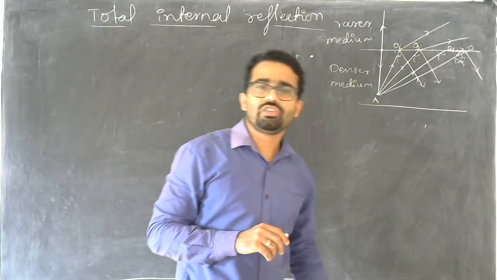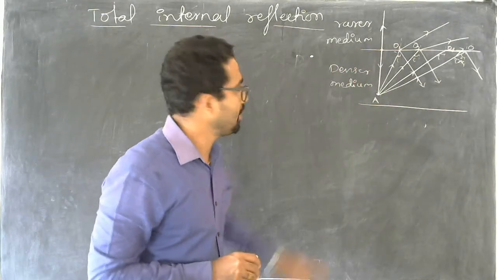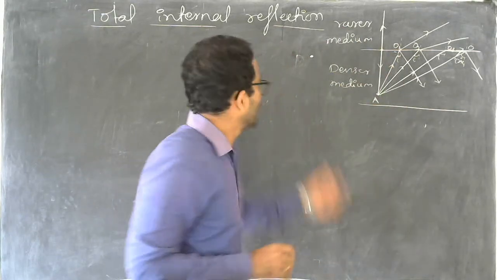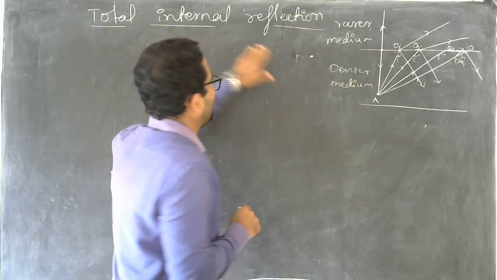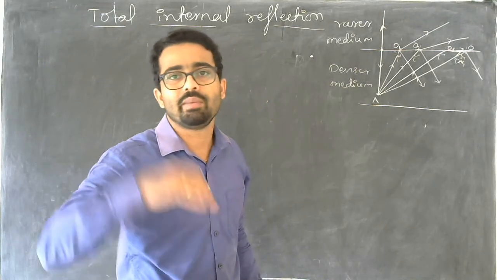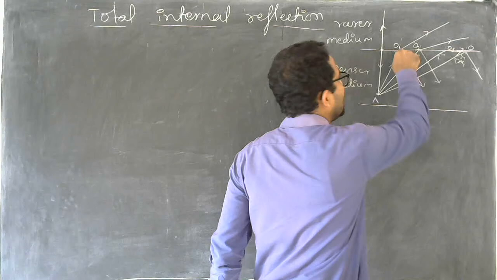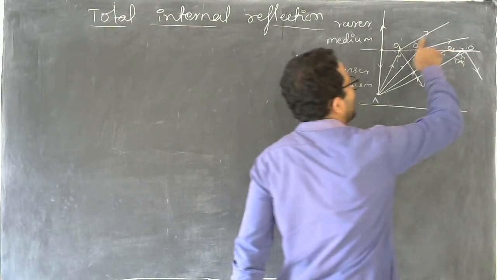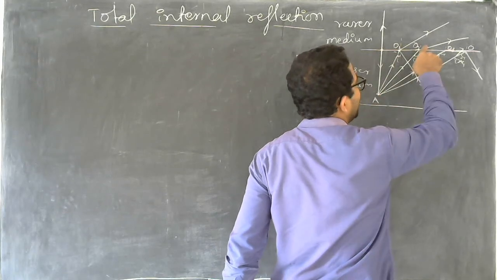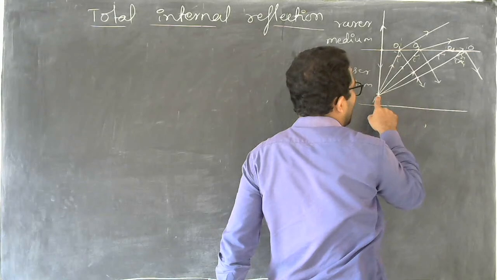This is the picture we have studied in the animation. I have drawn the same picture over here. This is a denser, this is a rarer medium. To undergo total internal reflection, the ray must pass from the denser medium to the rarer medium. This is the incident ray, which is incident at O1, and part of the light reflects, part of it refracts. If this ray is incident at a point O2, again part of it reflects and refracts.